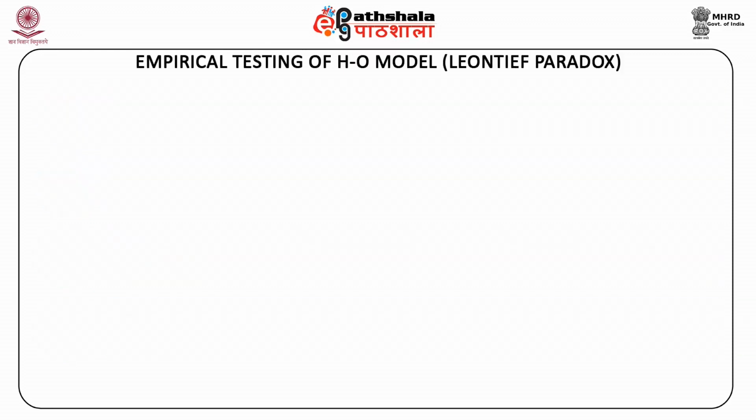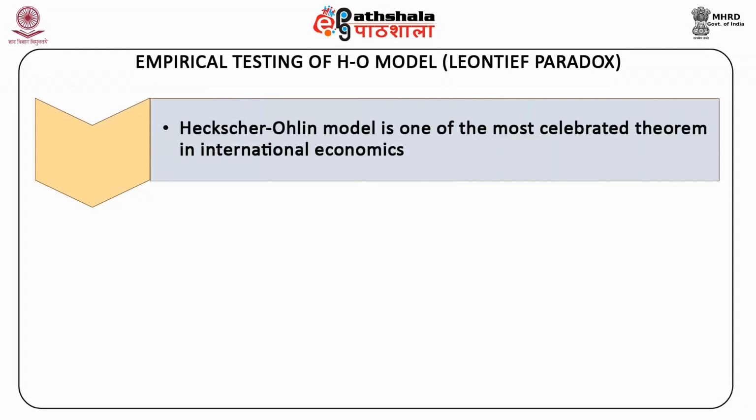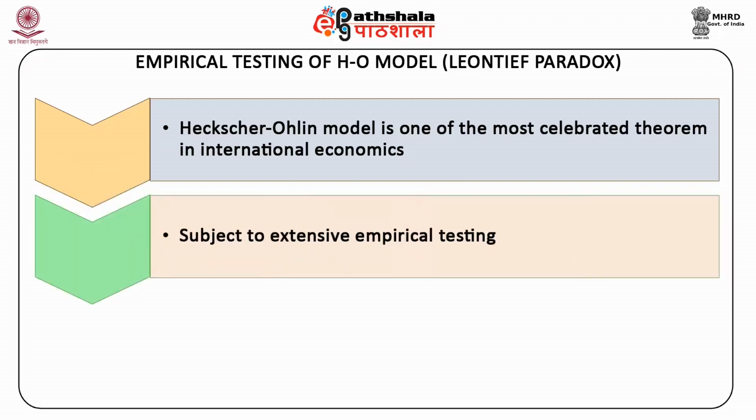Now we will discuss the empirical testing of the HO model, the Leontief paradox. Since the Heckscher-Ohlin model is one of the most celebrated theorems in international economics, it has been subject to extensive empirical testing.